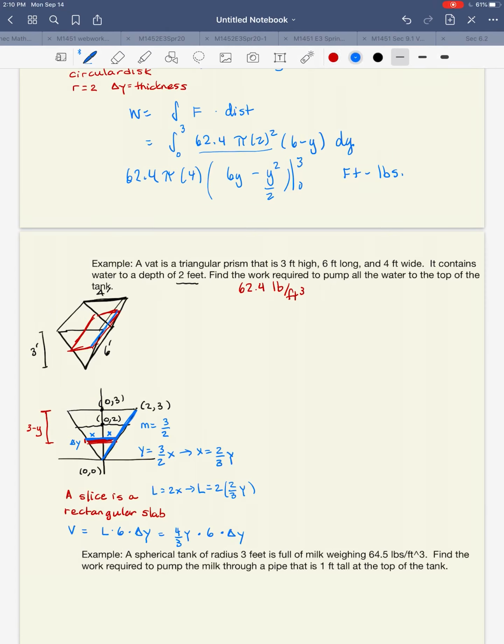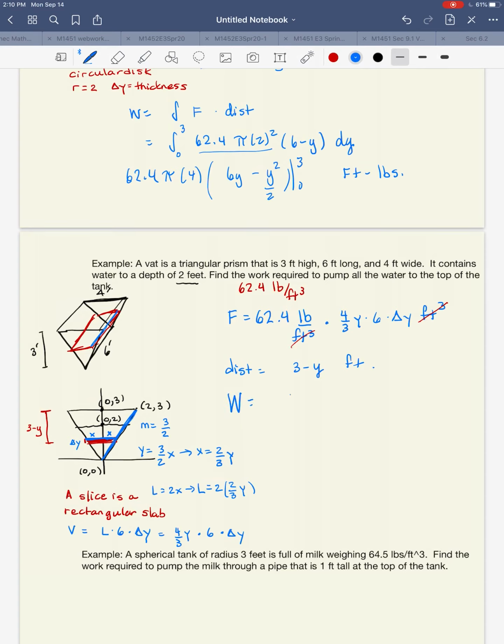Volume is in cubic feet, weight density is in pounds per cubic feet, so our force is 62.4 pounds per cubic feet multiplied with our volume, 4/3 y times 6 times delta y cubic feet. And that gives us our force in units of pounds. The distance is our 3 minus y feet.